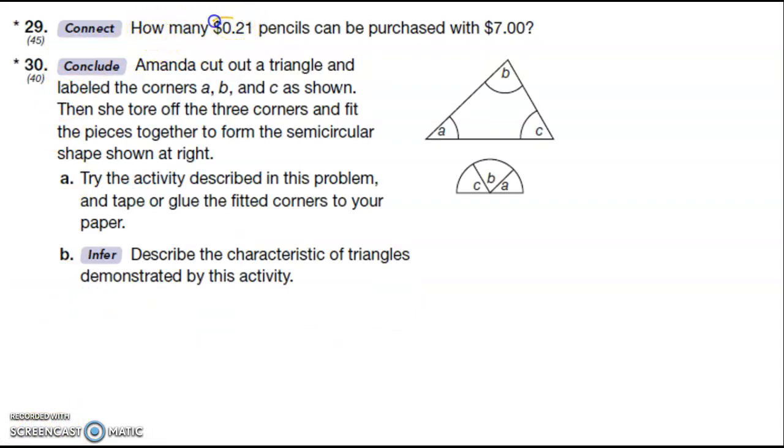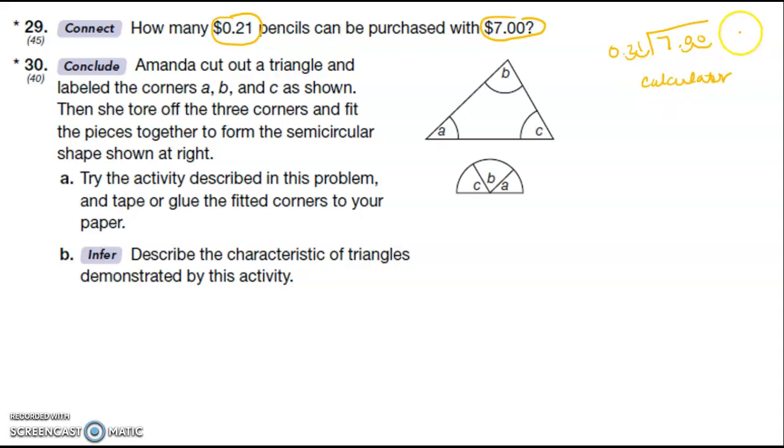How many 21-cent pencils can be purchased with $7? So what I'm going to do is divide $7 by 21 cents. Again, if I were doing this longhand, I would move the decimal twice and move the decimal twice. But I'm not doing this longhand. I'm going to use my calculator.